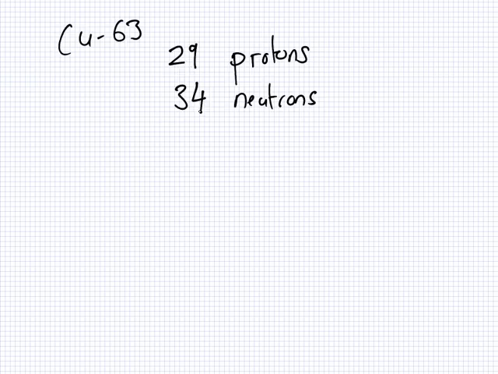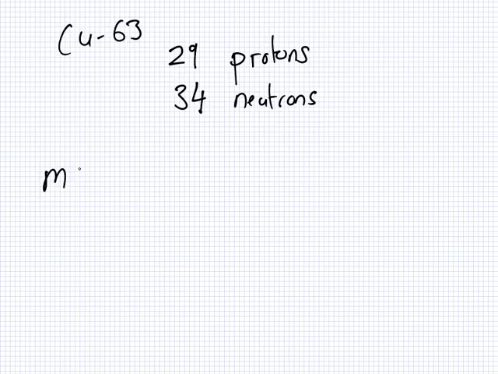Can we get how many protons and how many neutrons? Just a quick type into Google. Oh, 29. Thank you. 29 protons. So that makes 34 neutrons.